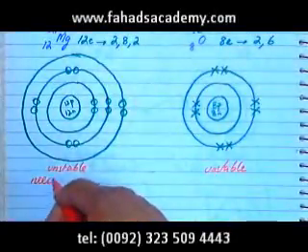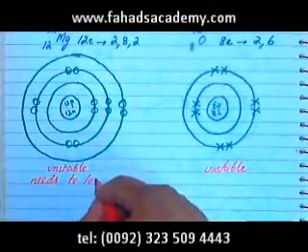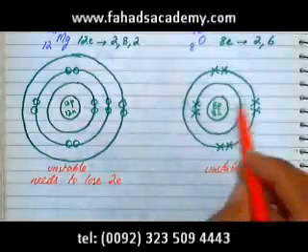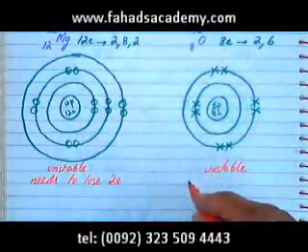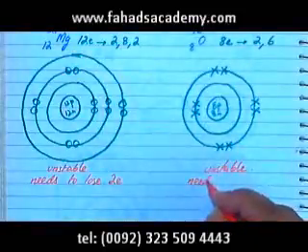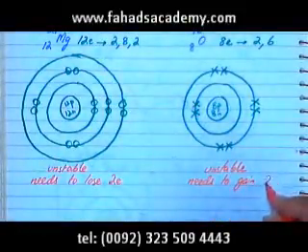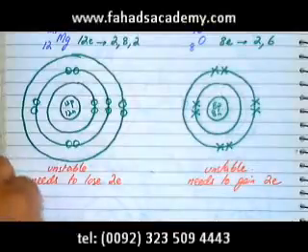So to become stable, it needs to lose 2 electrons. And for oxygen to become stable, it has 6 electrons in its outer shell. It needs 8. So it needs to gain 2 electrons. So magnesium needs to lose 2 electrons, and oxygen needs to gain 2 electrons.